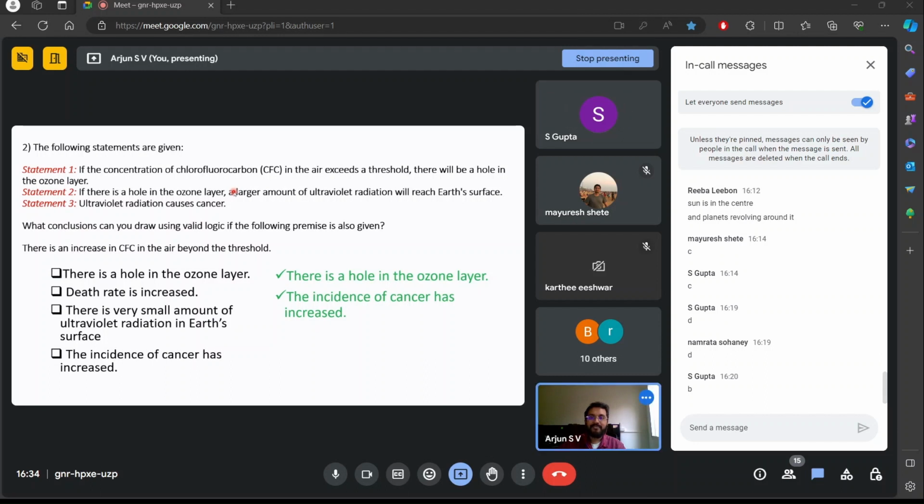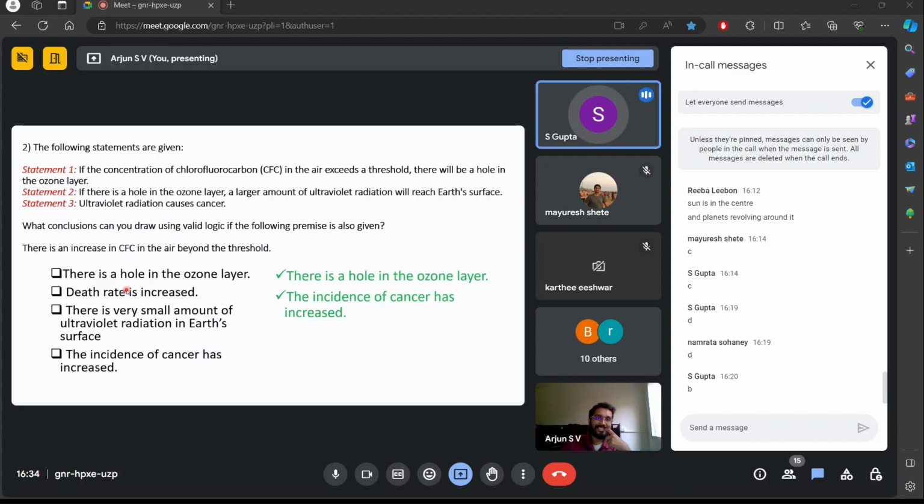According to the three statements given here and the premise given here, your conclusion cannot involve death rate because there is no relation between death rate and the statements or the premise.